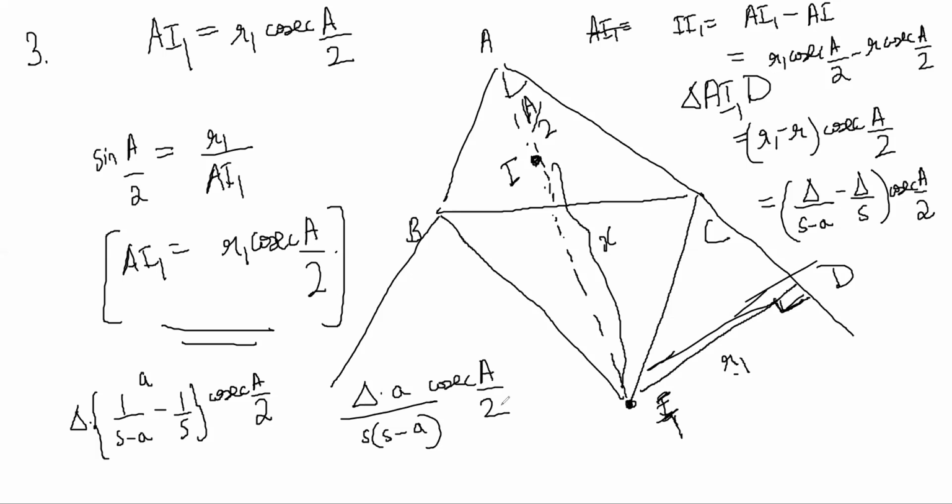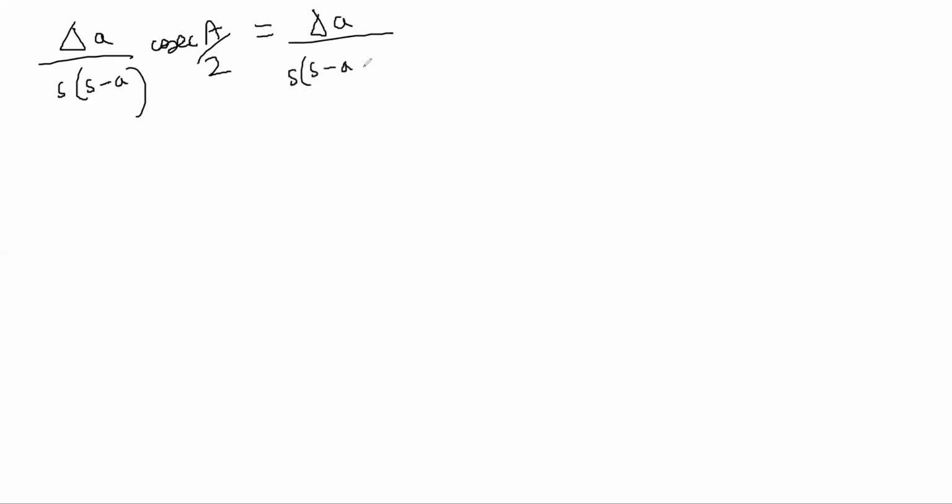Cosec A by 2 can be written as 1 by sine A by 2. So what we have is del into A by S into S minus A, into 1 by sine A by 2.